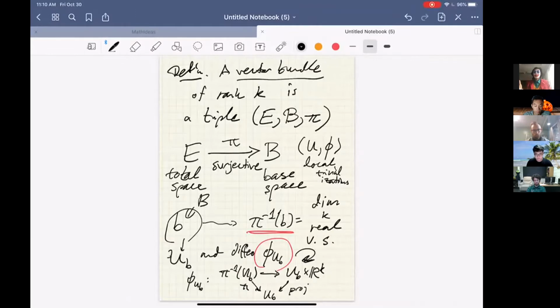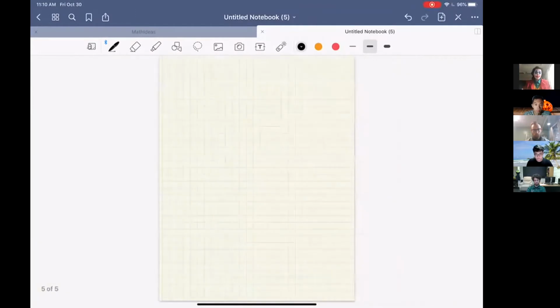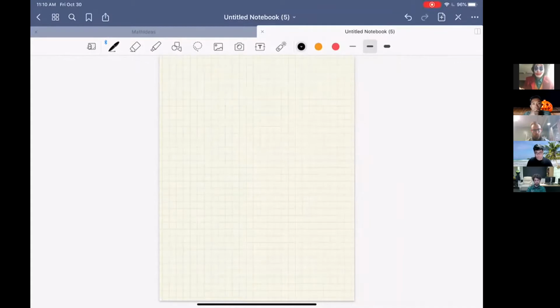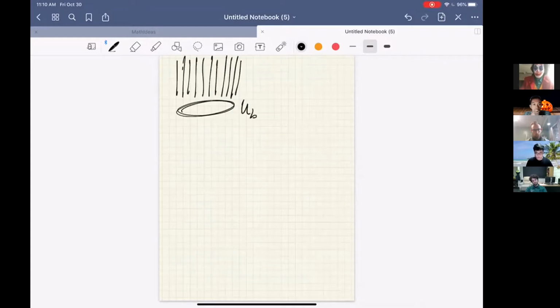It sort of determines the vector bundle. And the local trivializations are there to say that locally, our bundle resembles a product. So here's what, if I have a local trivialization like this, then the bundle above it looks like a product. So this is U_b, and this is U_b cross R^k.